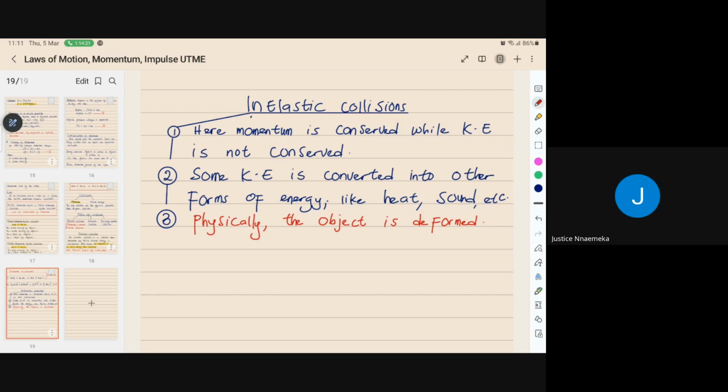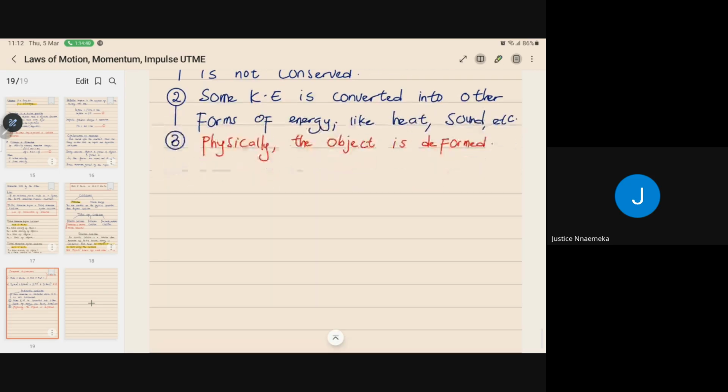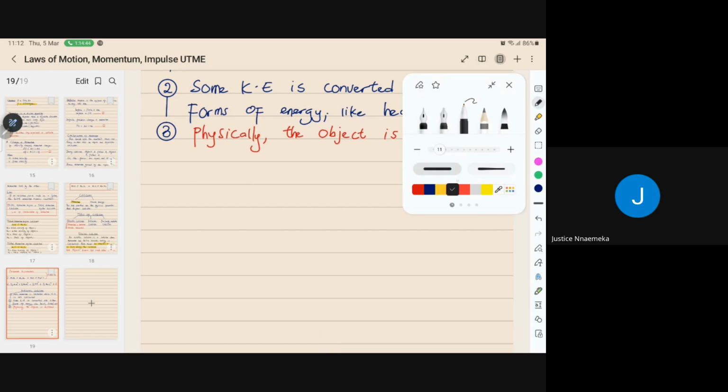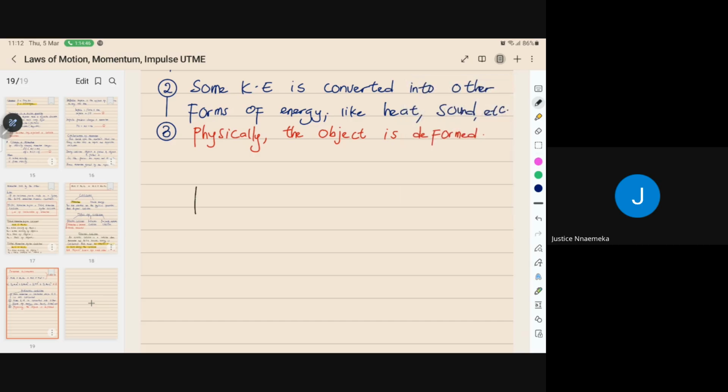So sometimes the objects might not stick together in an inelastic collision. Sometimes they might not stick together, but just know that it is deformed and that energy is lost and converted. So kinetic energy is not conserved in that one. Now, for perfectly inelastic, it is quite interesting because they stick together, right?